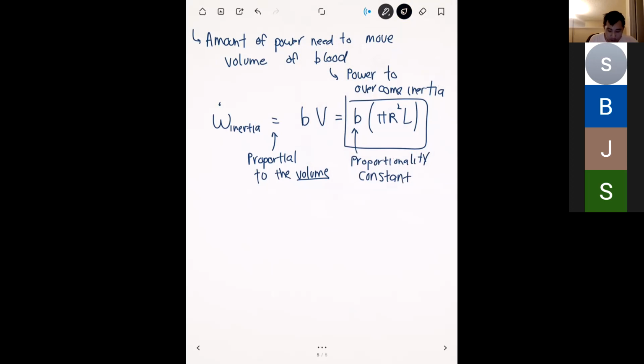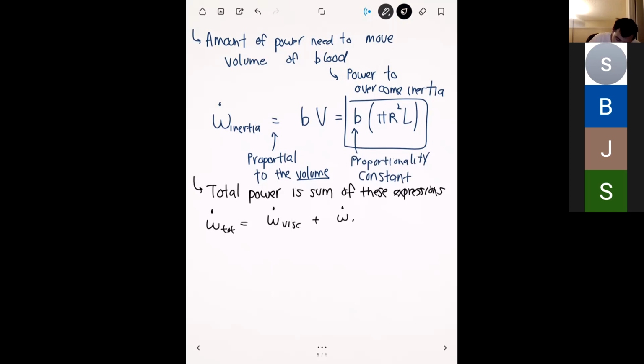Now that we have an expression for W dot viscous and W dot inertia, the total amount of power is just the sum of these two. So we'll say W dot total is equal to W dot visc plus W dot inertia.